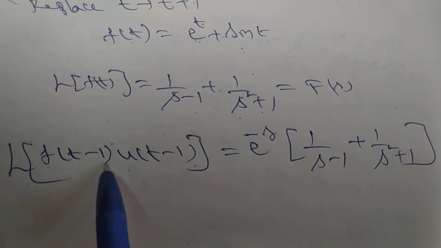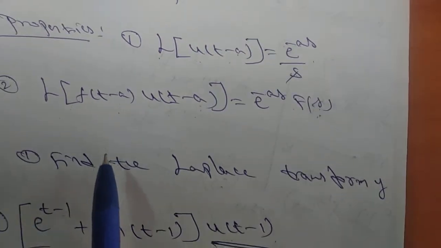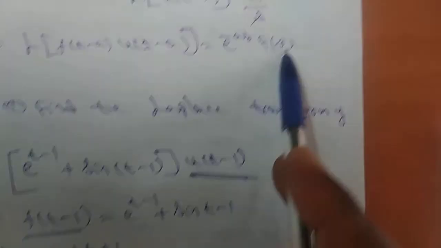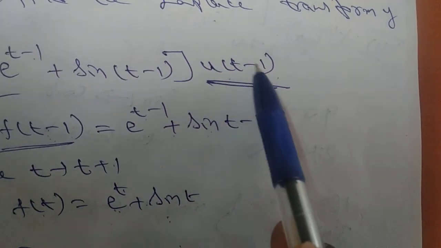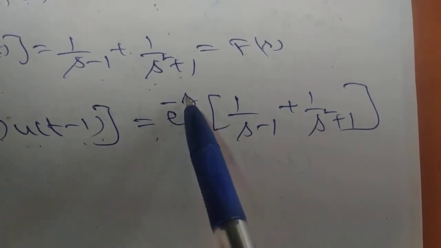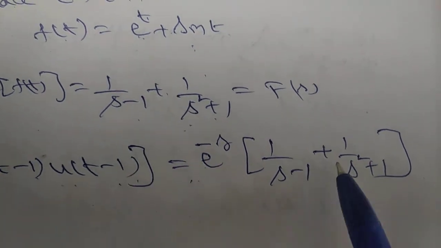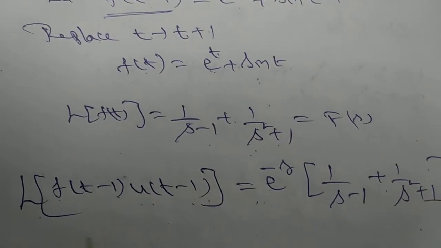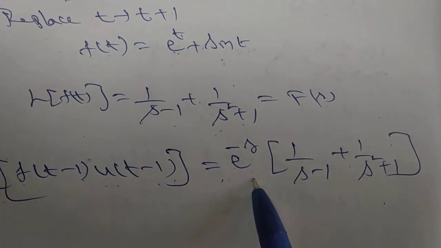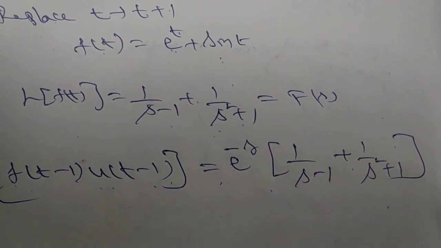The formula is: the Laplace transform of f(t minus a) u(t minus a) equals e power of minus as into F(s). Here a is equal to 1, so it is e power of minus s into F(s), which is 1 over s minus 1 plus 1 over s square plus 1. Therefore the Laplace transform of f(t minus 1) u(t minus 1) is e power of minus s into 1 over s minus 1 plus 1 over s square plus 1. That is the answer.